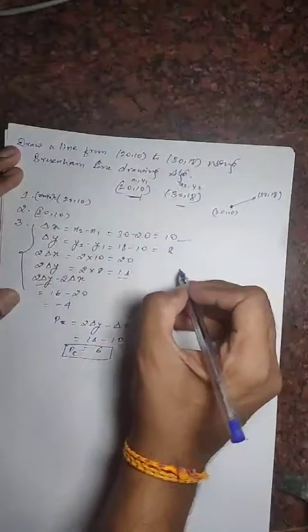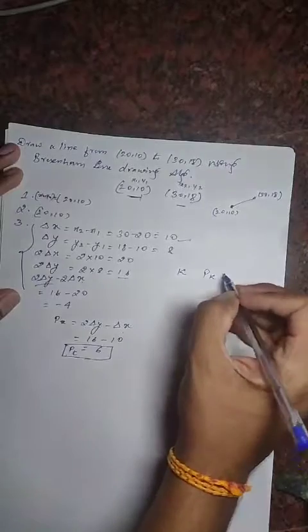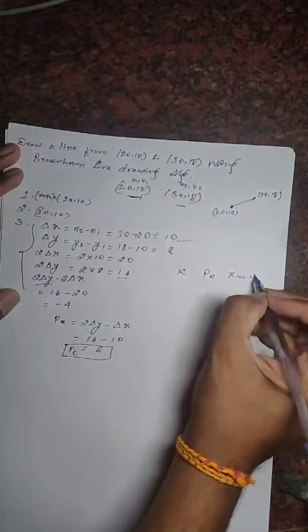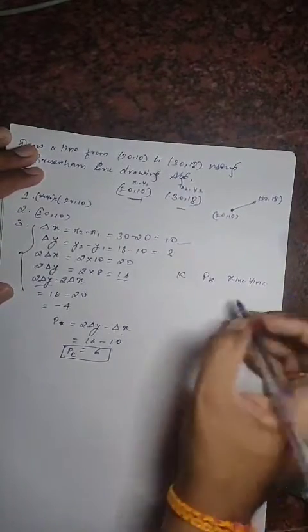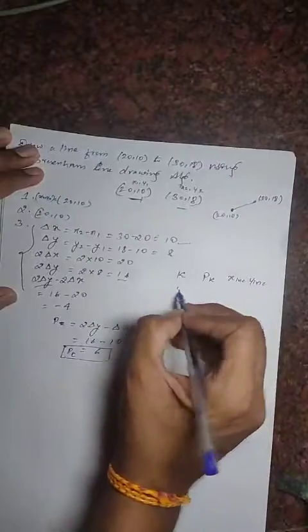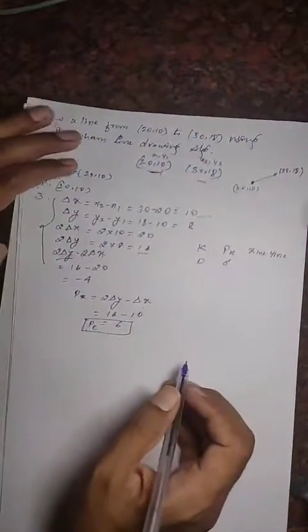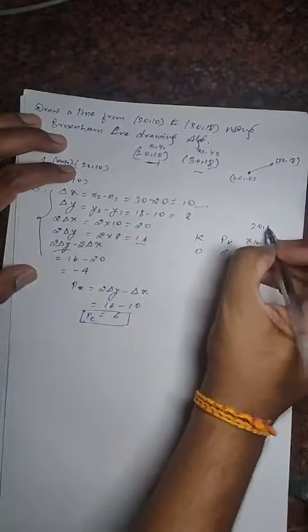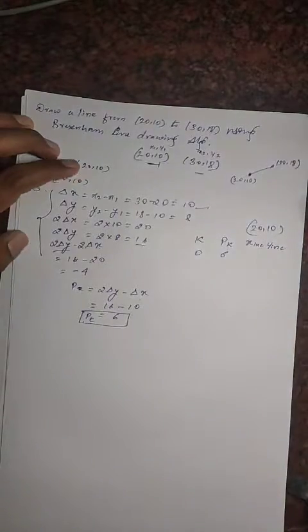So which is going to be K, Pk value, and x increment, y increment. In the first iteration, what is the value of Pk? I am going to write it here. The initial values, as I have already plotted, are 10 comma 20, the initial point.